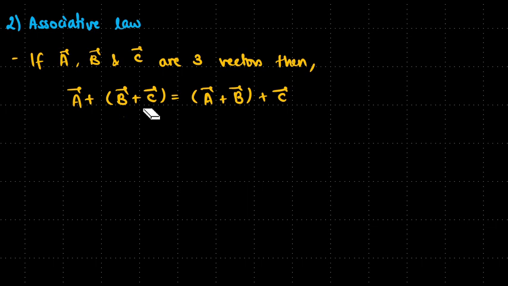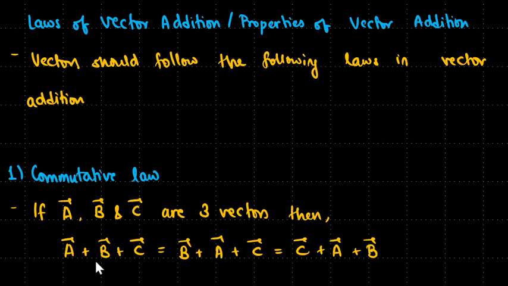This is not very difficult; everyone should know this kind of thing. But think about numbers. Over here you can say 1 plus 2 plus 3 is the same as 2 plus 1 plus 3, which is the same as 3 plus 1 plus 2. That is the law basically. But since 1 to 3 are scalars, this does not exactly work for vectors, but it works in a similar way.